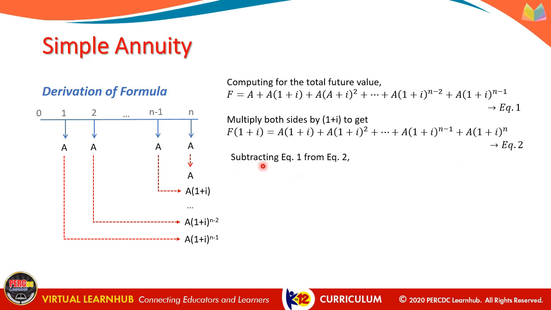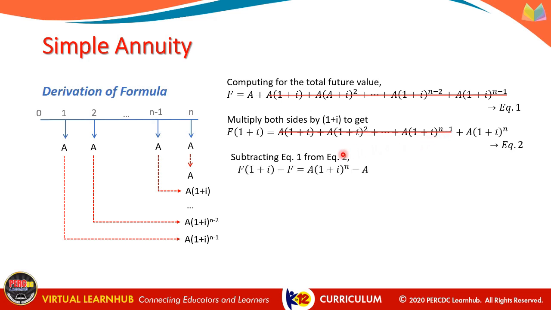Now, subtracting equation number 1 from equation number 2, we can cancel A times 1 plus I plus and so on until A times 1 plus I raised to N minus 1, and this one, A times 1 plus I plus and so on until A times 1 plus I raised to N minus 1. Okay?